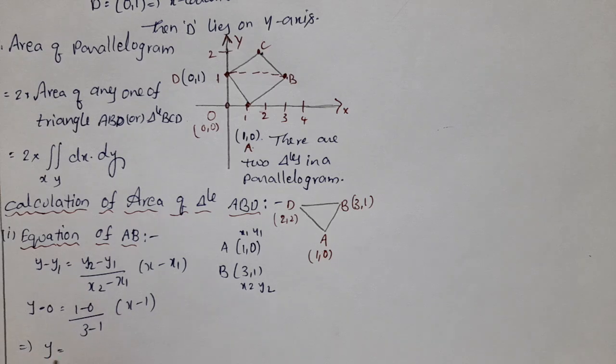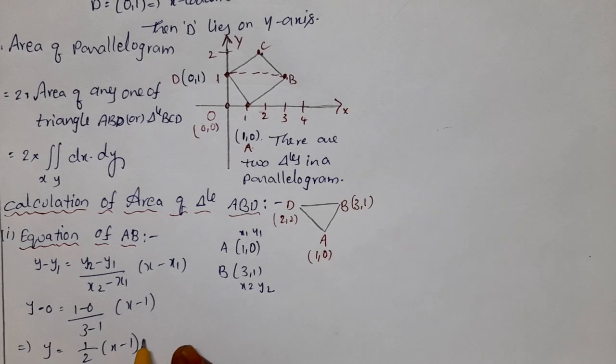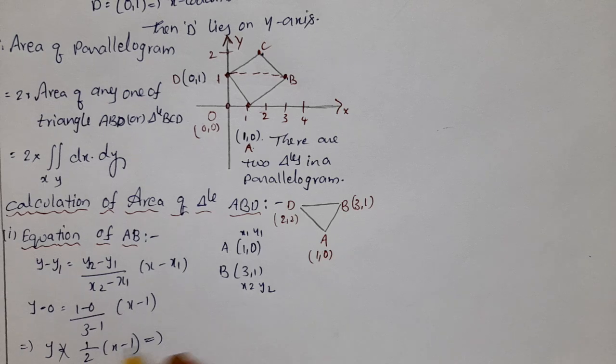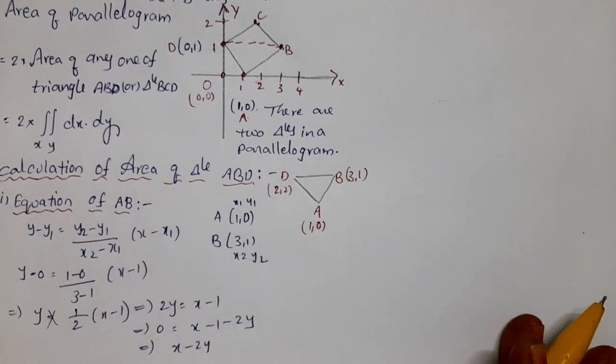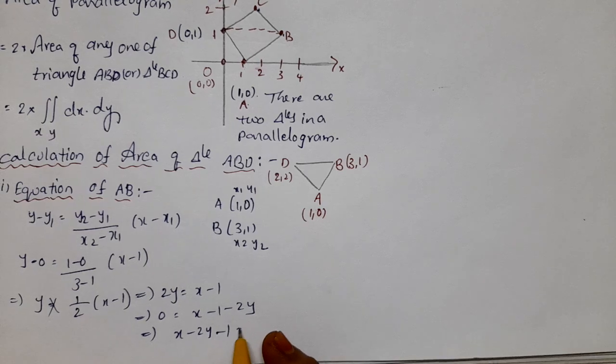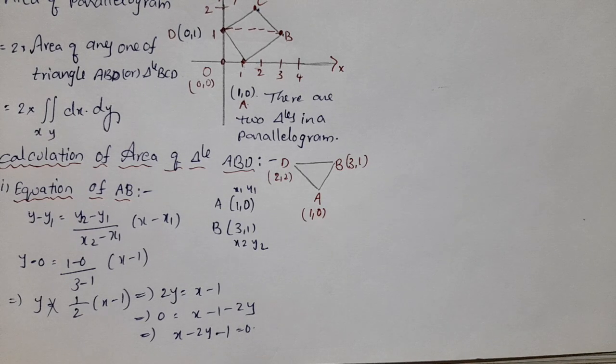So y equals 1 by 2 (x minus 1). On cross multiplication, 2y equals x minus 1. So x minus 2y minus 1 equals 0 is the equation of side AB.